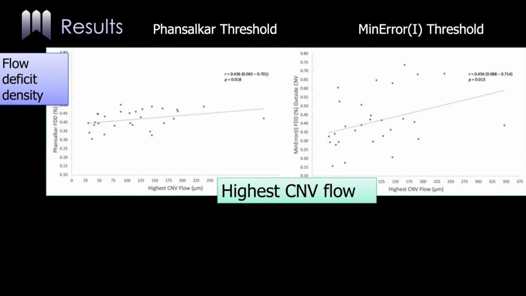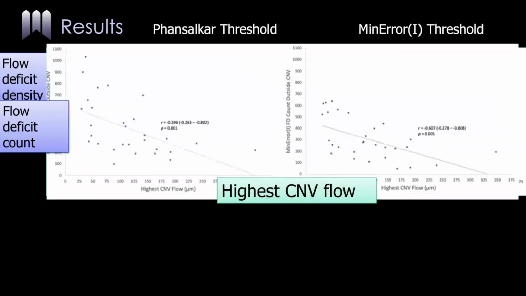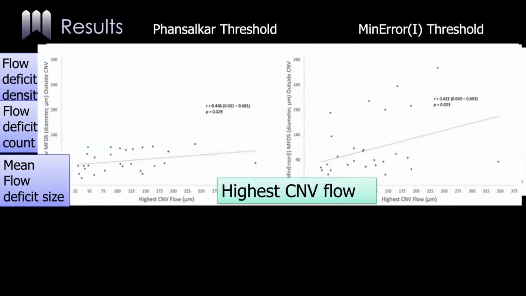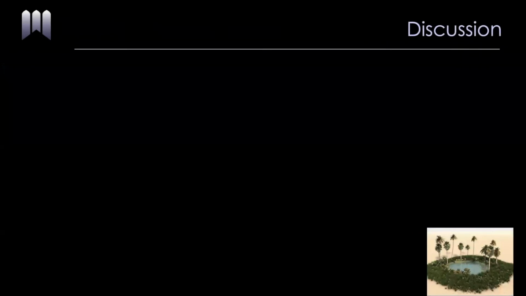As the CNV flow increases from left to right, you see that the density of flow deficit increases. And the flow deficit count goes down, which to us means that the number of flow deficits is decreasing as the CNV grows higher. And then the flow deficit size increases. So the number decreases, but the size increases, which suggests that they're perhaps coming together and coalescing into larger and larger lesions as the CNV grows thicker.